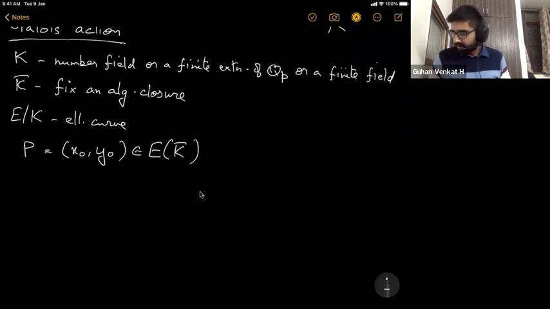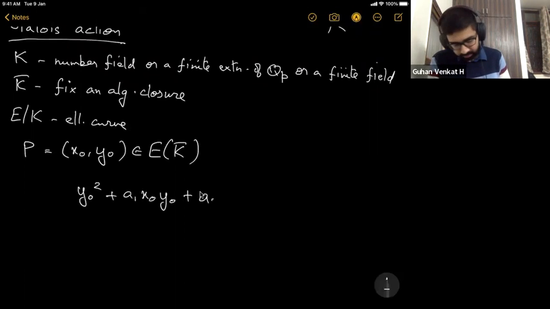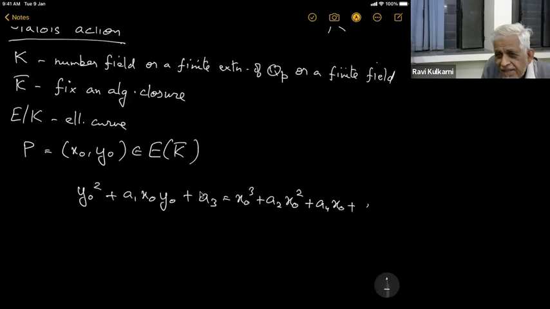All right. So let me start with this point. It's a K bar rational point. So we know that it satisfies this Weierstrass equation. Topologically, an elliptic curve over the complex numbers is a torus.